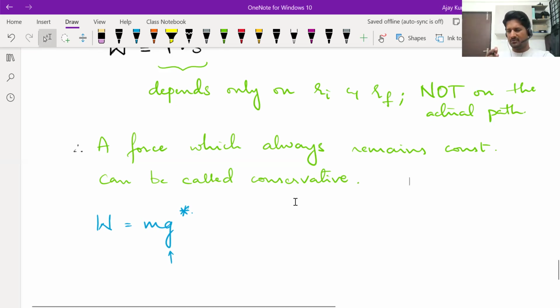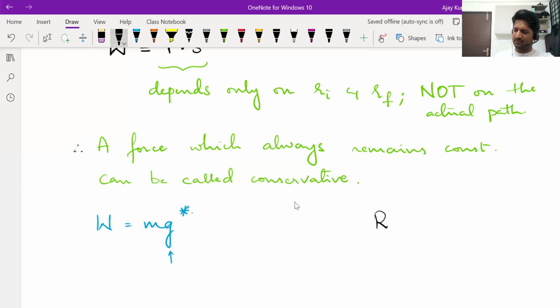So, what is the radius of Earth, anyone? Earth is a huge sphere, almost, okay? And its radius is close to 6,400 kilometers. That is how big the Earth is. And compared to that, a height of 8 to 11 kilometers is negligible. So within that height also, gravity won't change significantly.